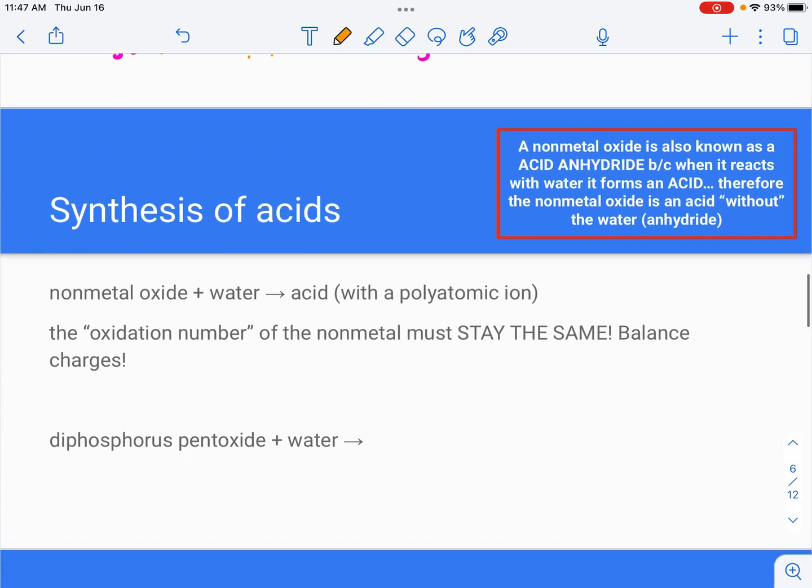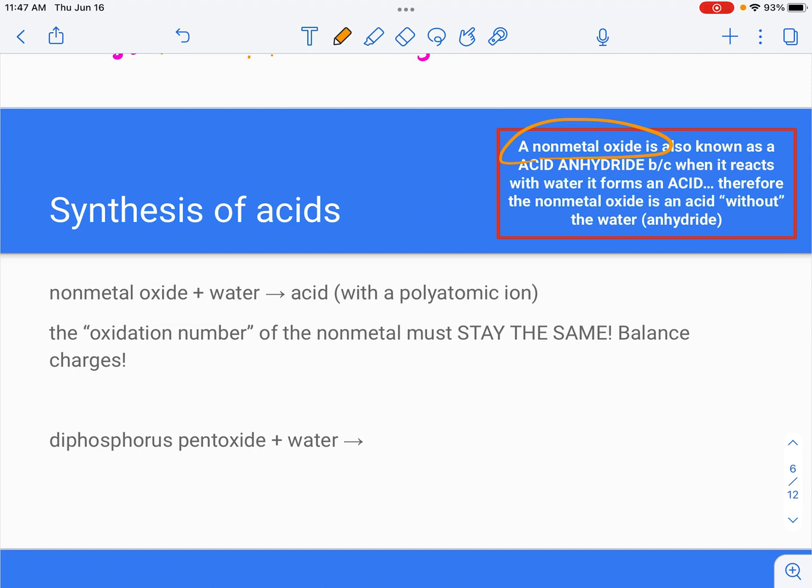Okay, let's talk about the synthesis of acids. This works the same way. A non-metal oxide is what we call an acid anhydride, because when it reacts with the water, it forms an acid. So you have to kind of keep this in mind. This is a little bit trickier, and we're actually going to talk about something called oxidation number in this, so that you can decide which acid is formed.